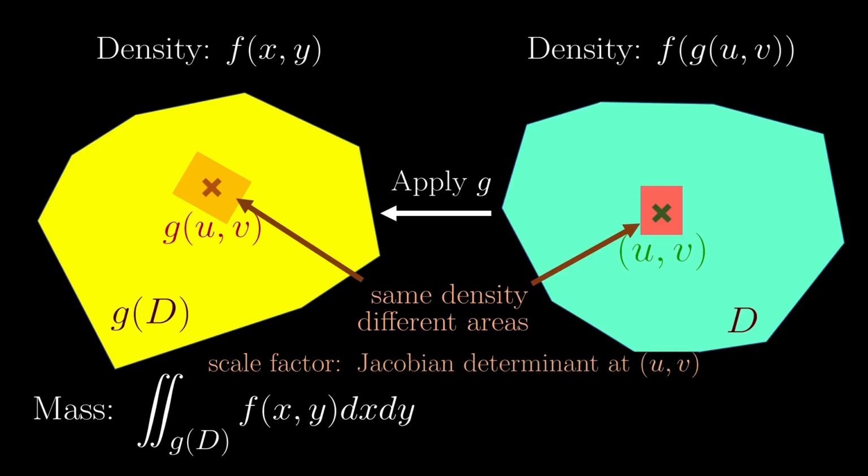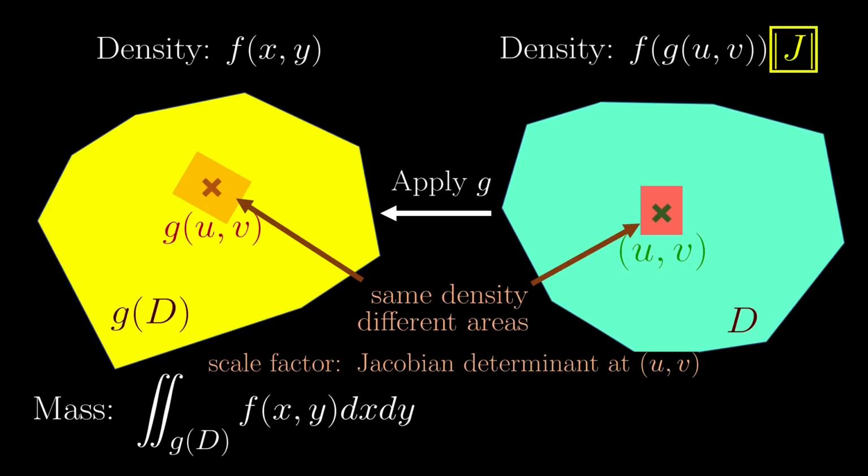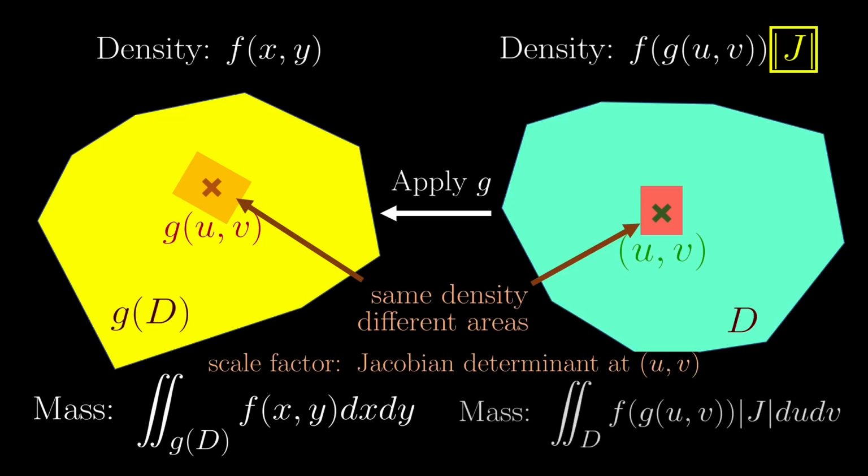So by adding this scale factor to the density, the two small regions now have the same mass. Here, I simply use this J to denote the Jacobian determinant, and so the mass can be represented by this integral. Except this is not quite the full story yet.